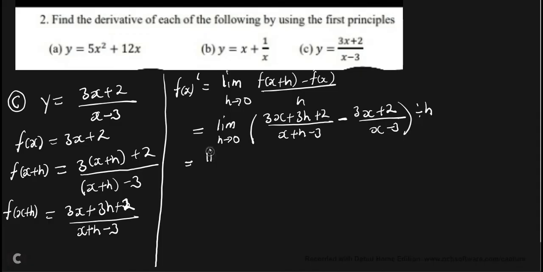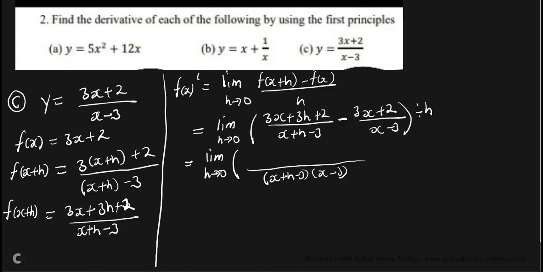Then the next thing is the limit as h approaches 0. Let's find the common denominator. The common denominator in this situation is x plus h minus 3 and x minus 3.